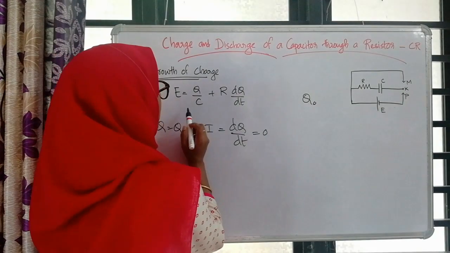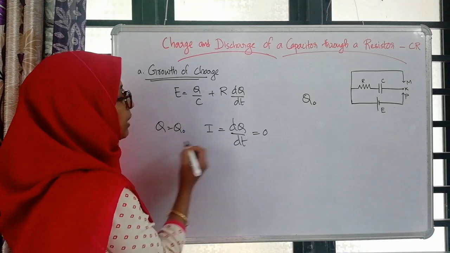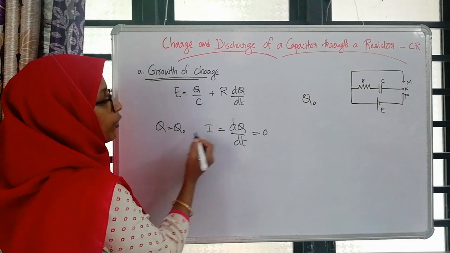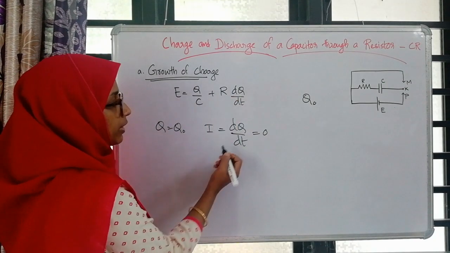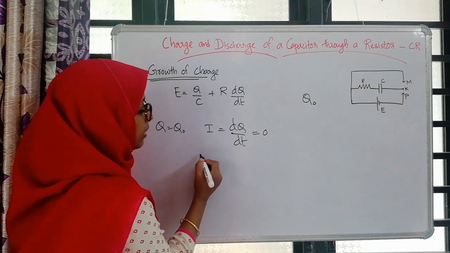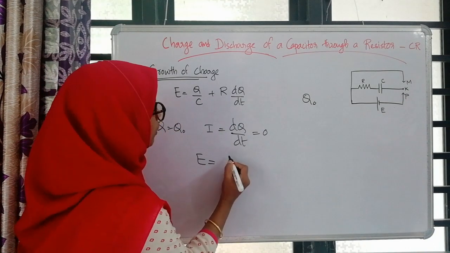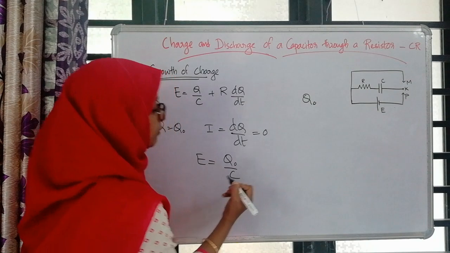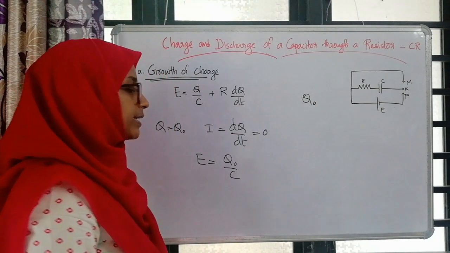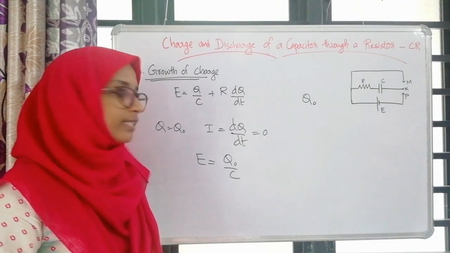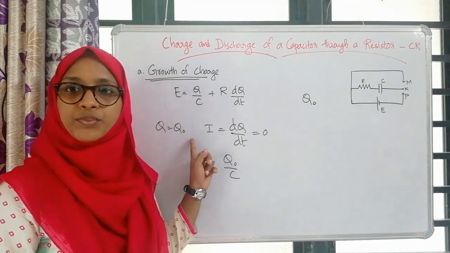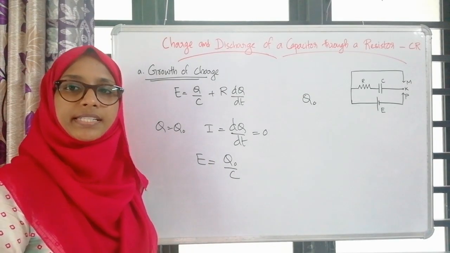So from this equation, when Q is equal to Q0, dQ by dt equal to 0 implies that E is equal to Q0 by C, for the maximum charge that the capacitor attained.